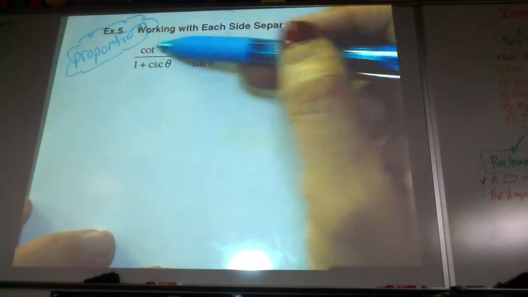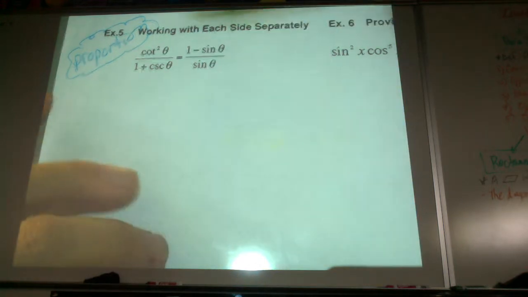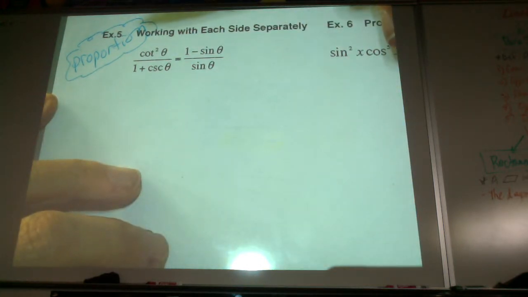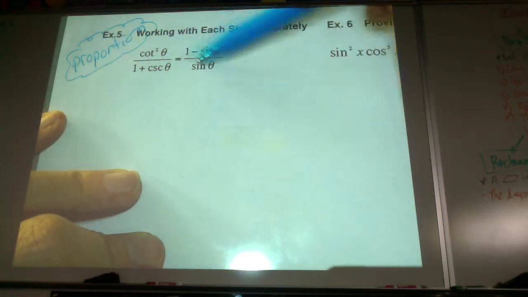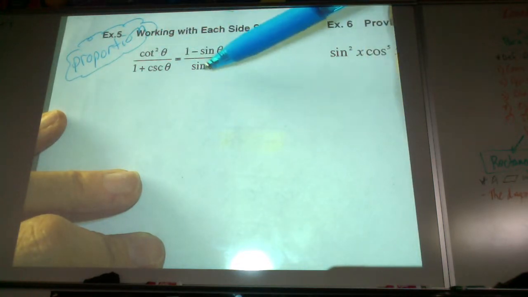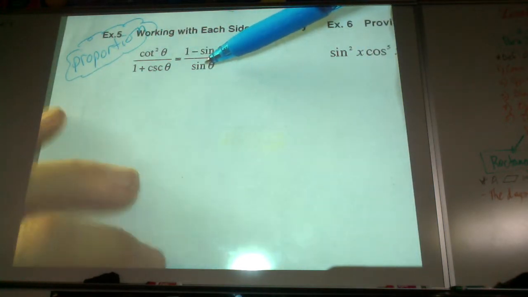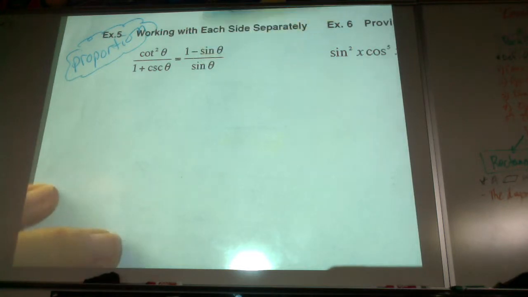Sometimes you're going to want to cross multiply to break apart the fraction. And in this case, it might seem like a good idea until you look at full cross products. Here, I can multiply these two, thinking to myself, cotangent is cosine squared over sine squared times the sine squared. That's viable because I could cancel a sine squared with that. I could end up with something that might be usable. I don't know.